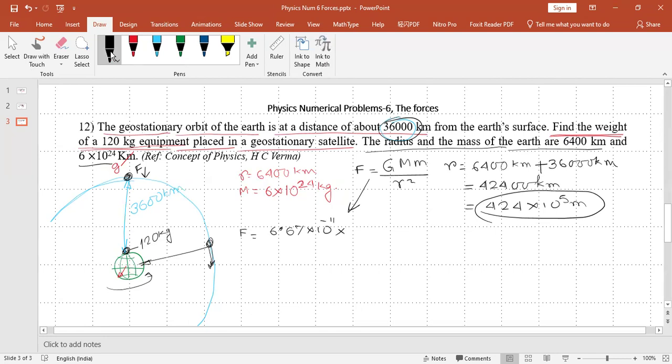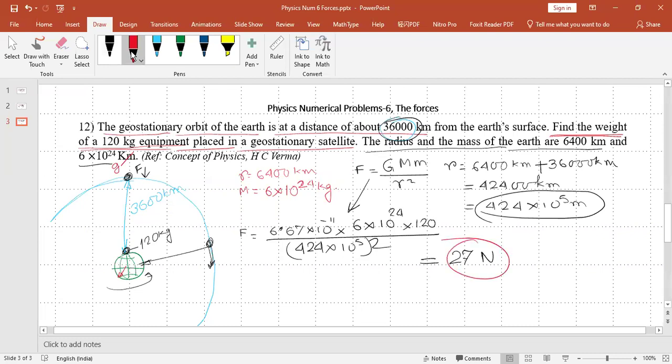Mass of the body is 120 kg. R is this much, 4.24 into 10 to the power 7, that has to be squared. If you calculate this, you will find the answer is 27 Newton.